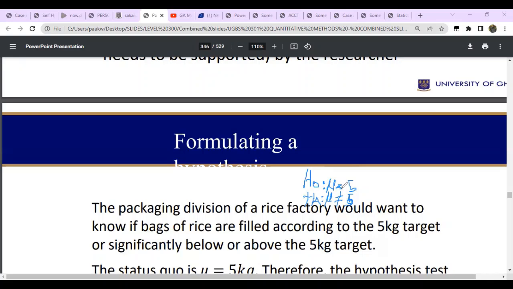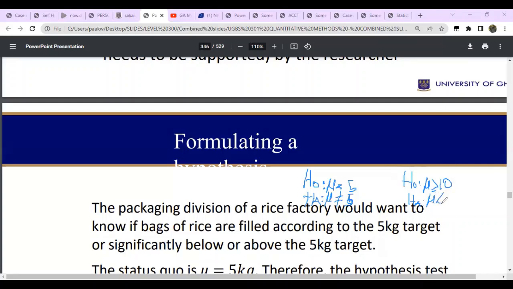If H0 is saying that mu is less than or equal to, remember the H0 always contains the equality sign, so H0: mu less than or equal to the number 10, the HA will challenge it.